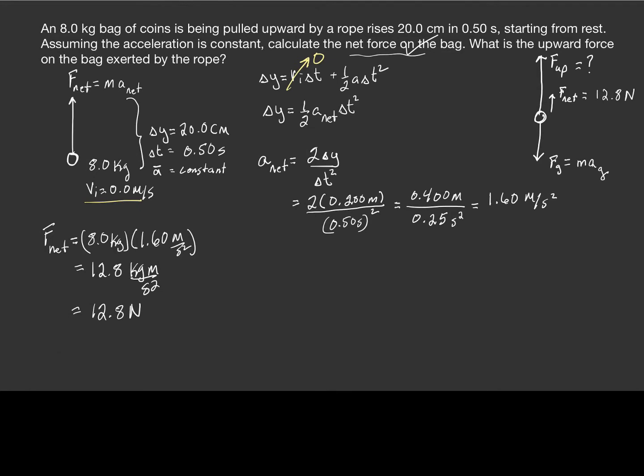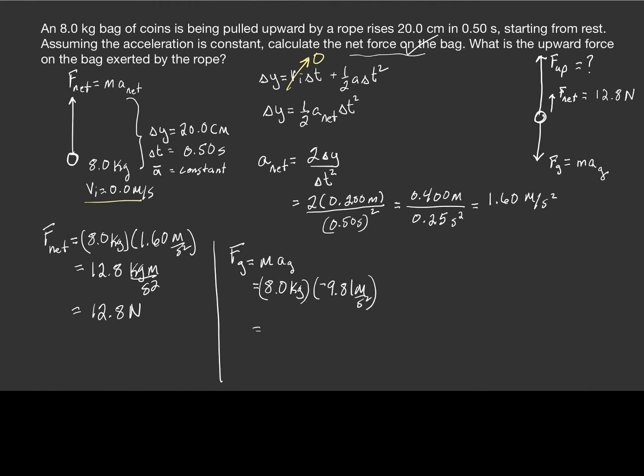So we've got, let me separate this out a little bit. The force due to gravity is mass times the acceleration due to gravity. That mass is 8.0 kilograms. Acceleration due to gravity, 9.81 meters per second squared.